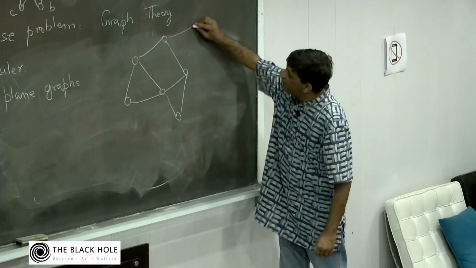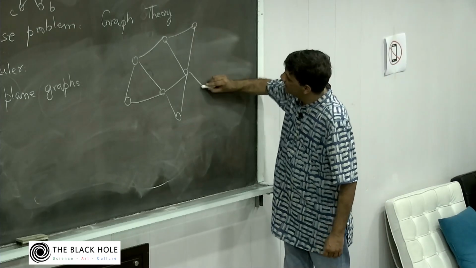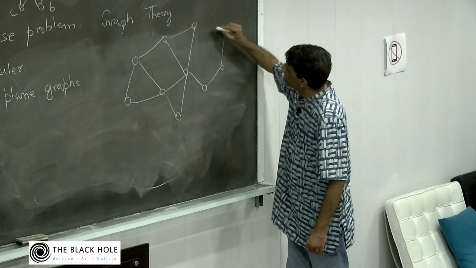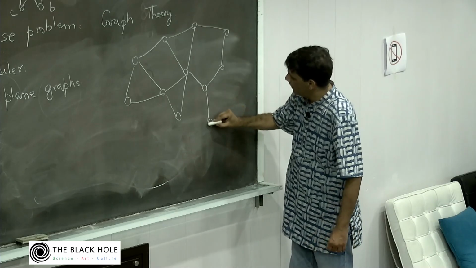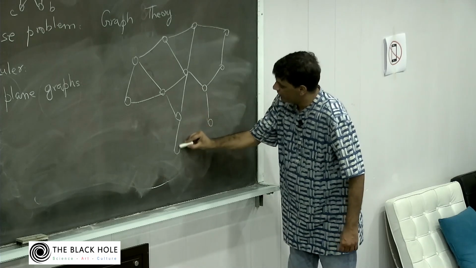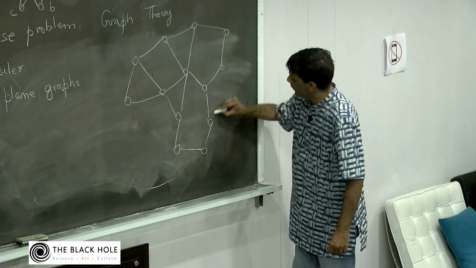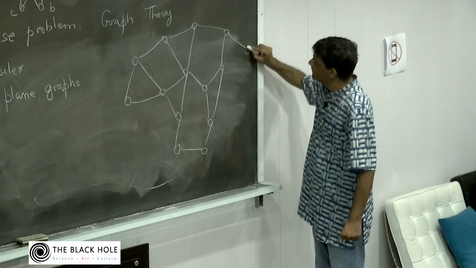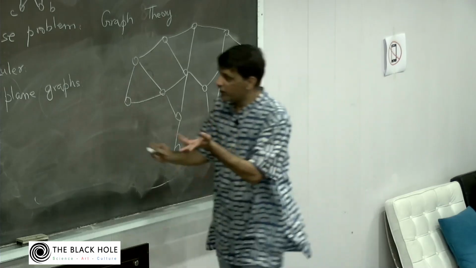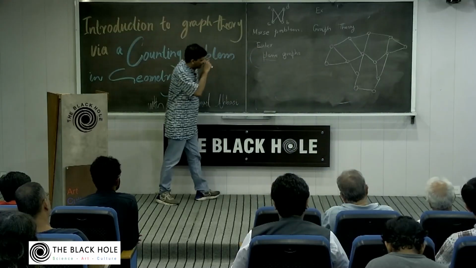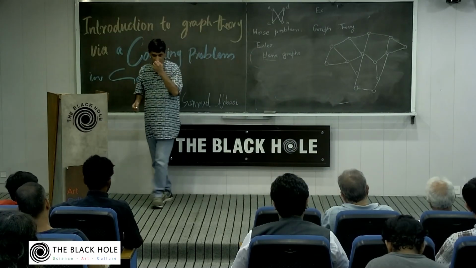The drawing is such that edges don't cross. Okay, all right? And such a graph which is already drawn is called a plane graph, all right?